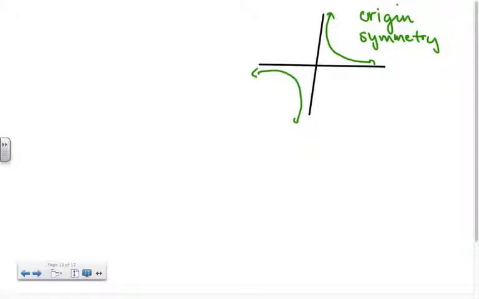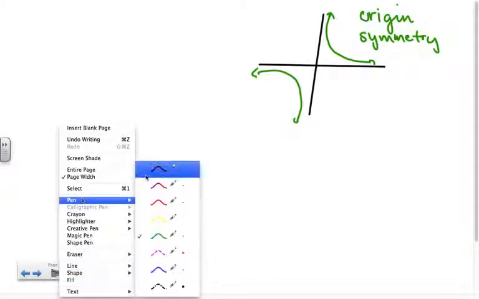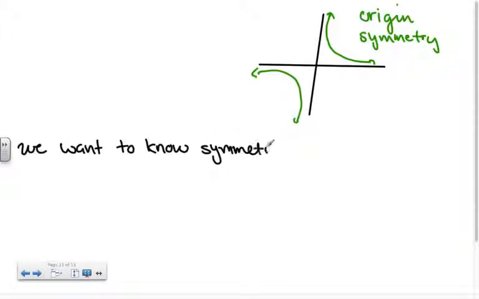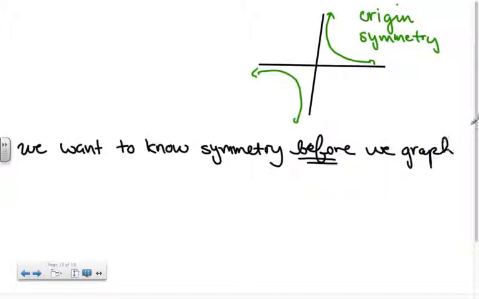Now, we use symmetry to help us graph, and this is a factor that we want to use before attempting to graph our function. We want to know symmetry before we graph the function.